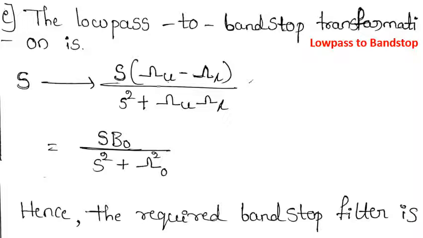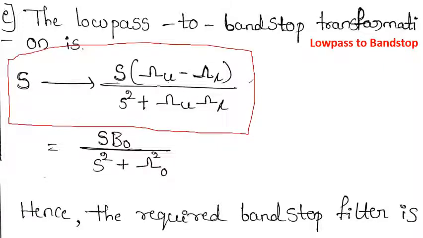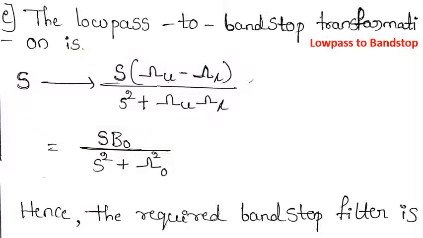The low pass to band stop transformation is displayed on your screen, and it states that wherever there is S, we have to substitute that with S multiplied by difference of omega u and omega L divided by S square plus omega u multiplied by omega L. The equivalent of this formula is S multiplied by B naught divided by S square plus omega naught square.